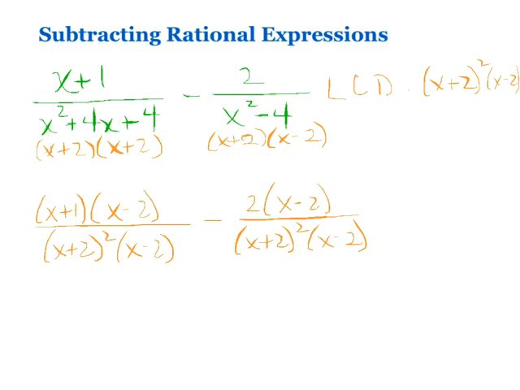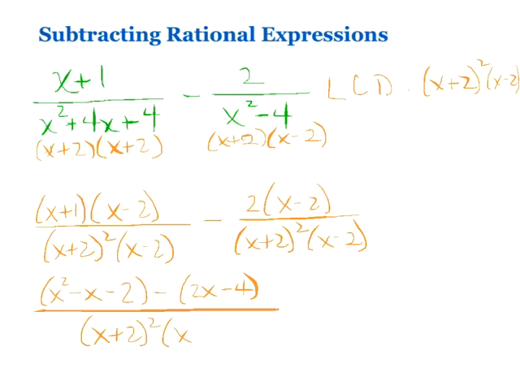All right, so my first numerator, when I FOIL this, is going to become x squared negative 2x plus 1x is going to give me negative x, and positive 1 times negative 2 will be negative 2. Subtract the second numerator, which is going to be 2x minus 4 when we distribute the 2. And again, all of that is over x plus 2 squared times x minus 2.